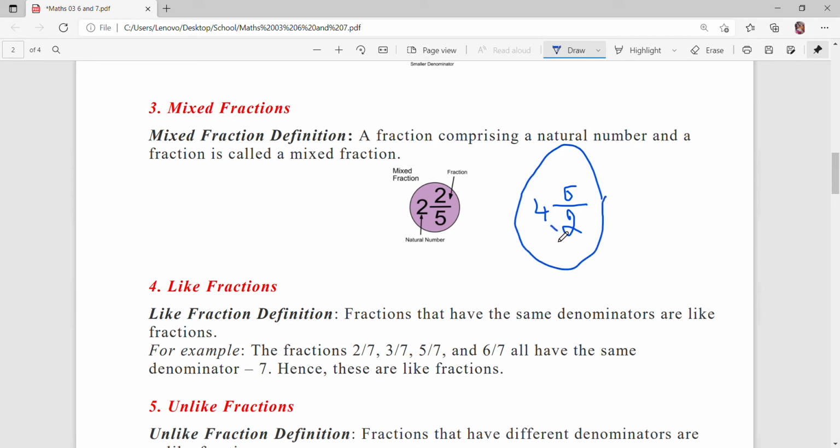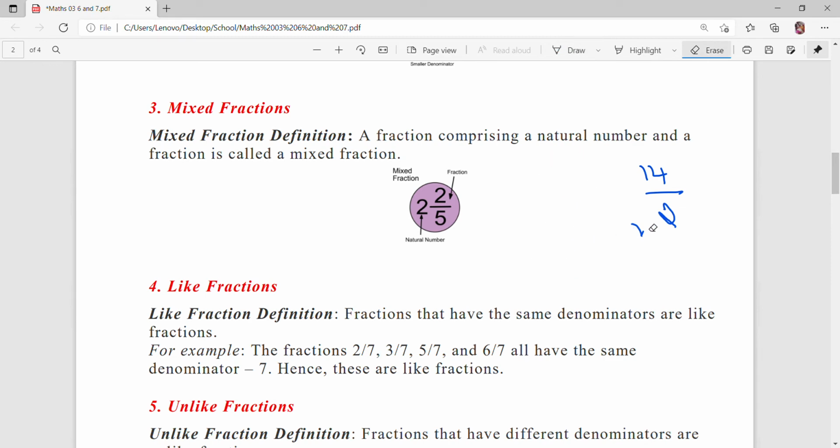Put a multiplication symbol here and an addition symbol here. 4 2s are 8. 8 plus 6 is 14. 14 by 2, with the denominator as it is. This is how we convert a mixed fraction into an improper fraction. Go through it and watch properly, then only you can understand.